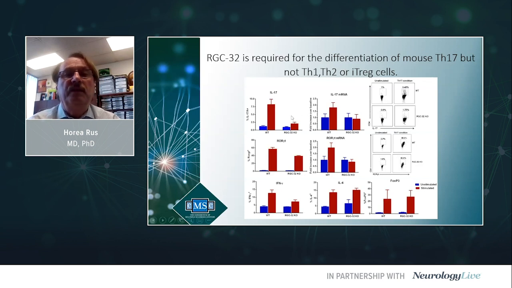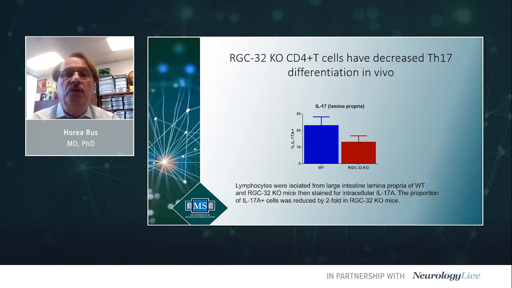And clearly there's significantly less IL-17 production, significantly less mRNA for IL-17, and also for ROR gamma T, which is a differentiation factor for Th17. Interferon gamma, interleukin 4, and FOXP3 for Th1, Th2, and T regulatory cells weren't really affected by the lack of RGC32.